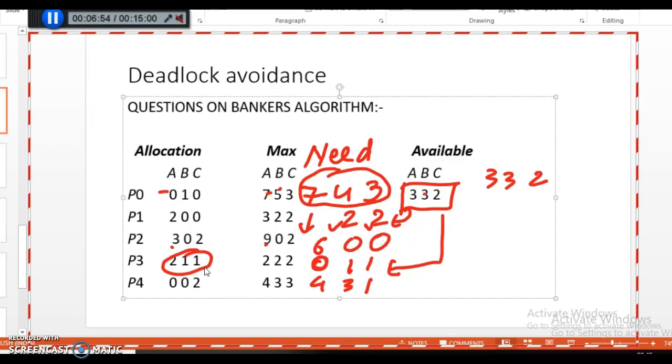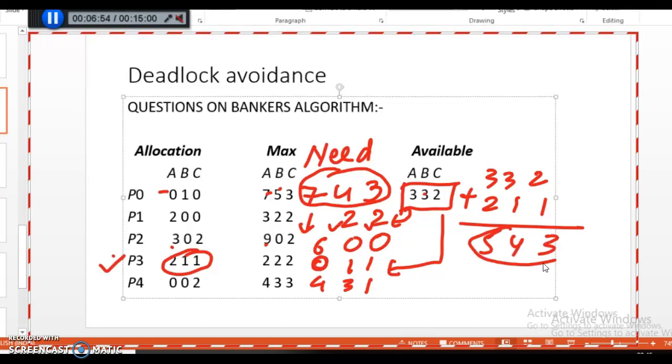Need will be satisfied, and these resources will be free. So it will be 2 1 1. These resources will be free, because we are sending these resources to this process, and this process will complete its work, and after completing, these resources will be free, and the available resources will be 3 3 2 plus 2 1 1. That means 5 4 3.